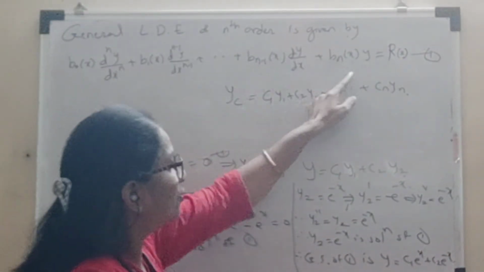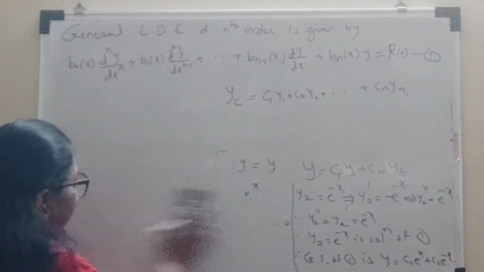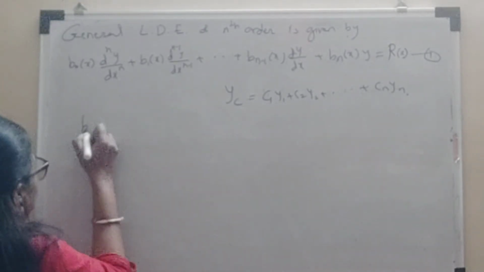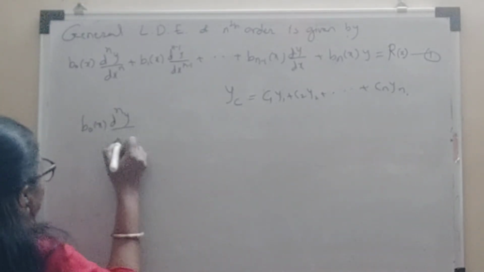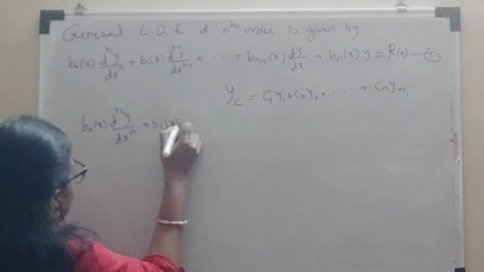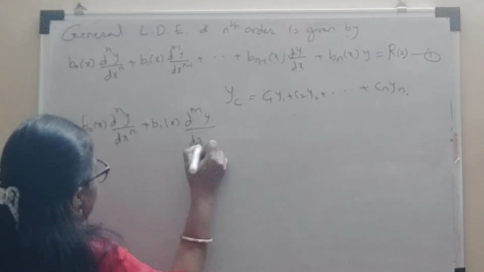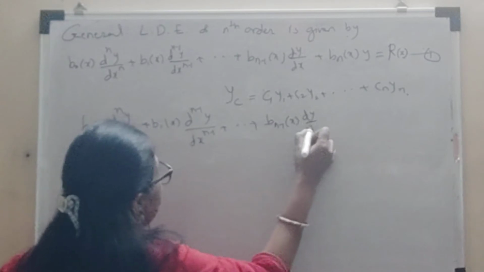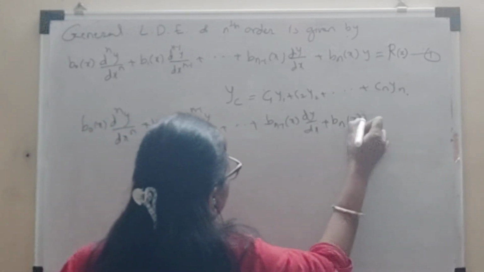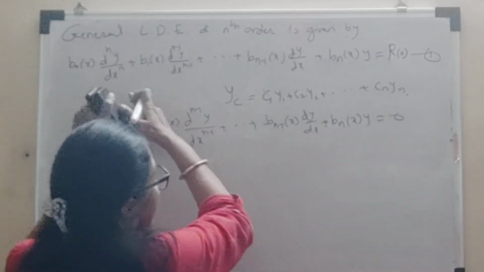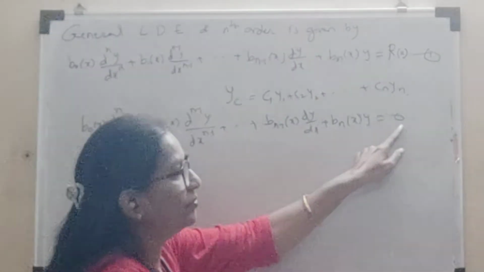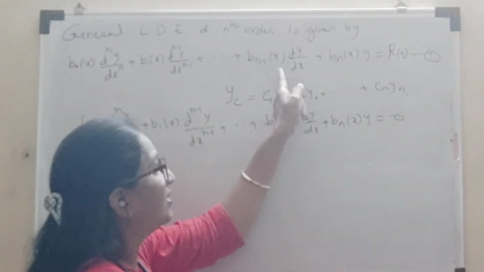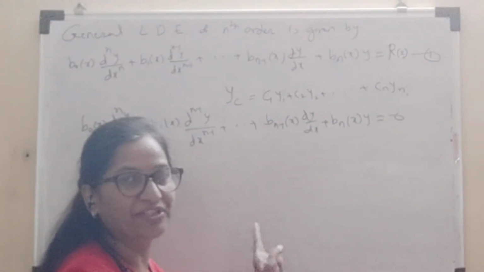Because its associated homogeneous differential equation is given by b0 of x into dny by dxn plus b1 of x into dn minus 1y by dxn minus 1 plus so on plus bn minus 1 of x into dy by dx plus bn of x into y is equal to 0. It is nothing but the LHS part, and that is equal to 0.